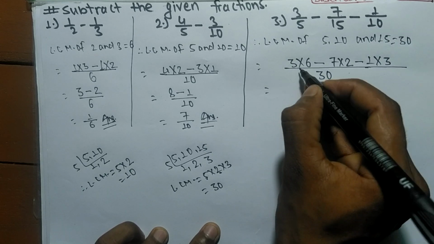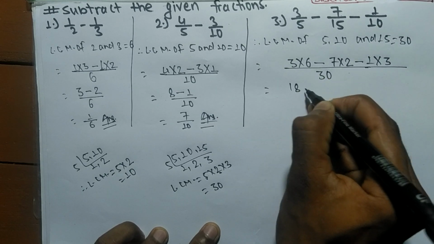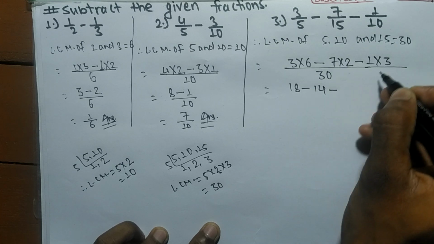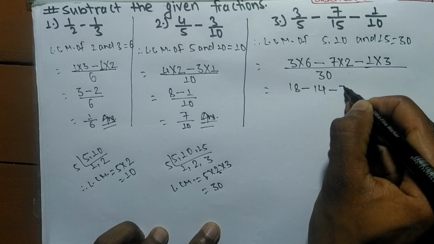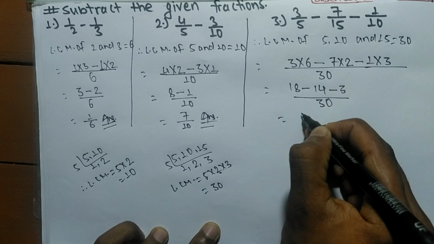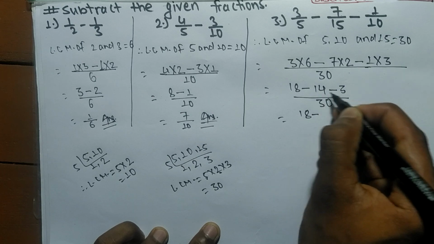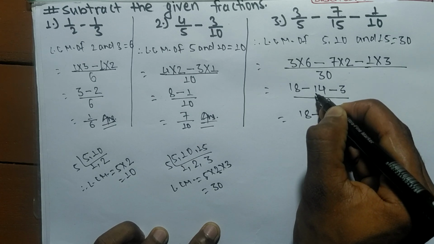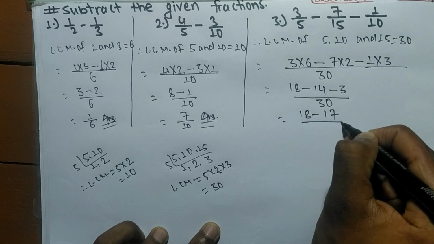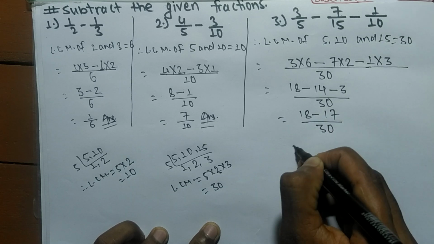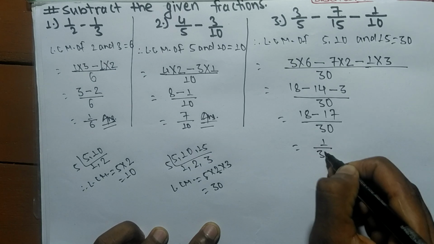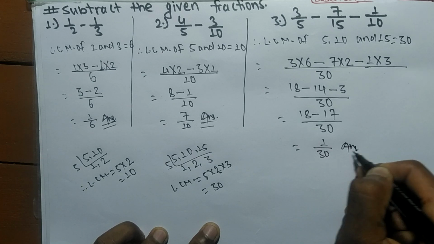So now it is 3 times 6 means 18, minus 7 times 2 means 14, minus 1 into 3 means 3, by 30. The sign is the same, so 18 minus 14 and minus 3, that is minus 17, by 30. So 18 minus 17 means it is 1 by 30, which is our answer.